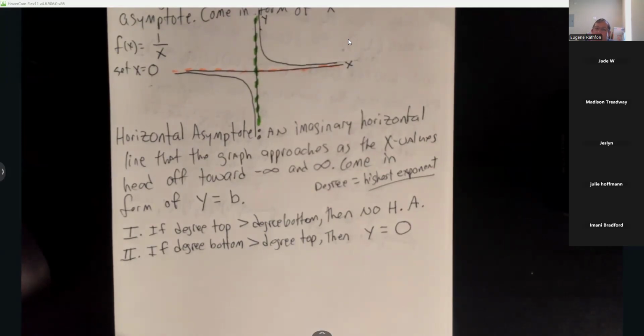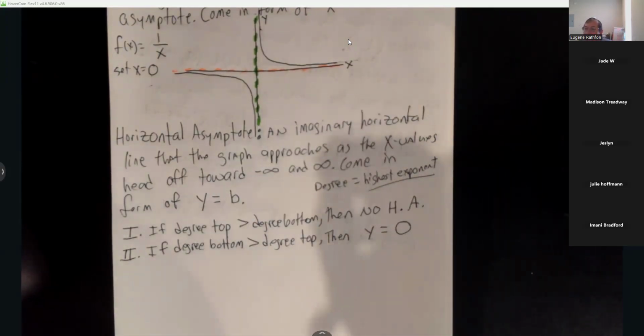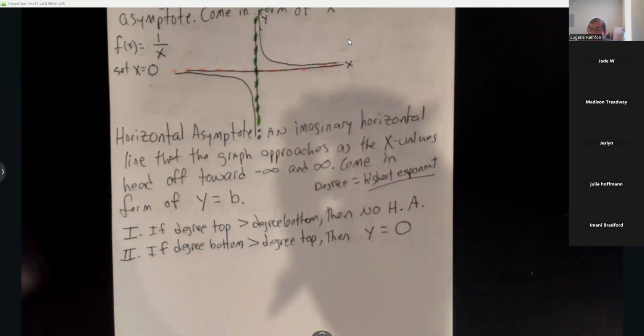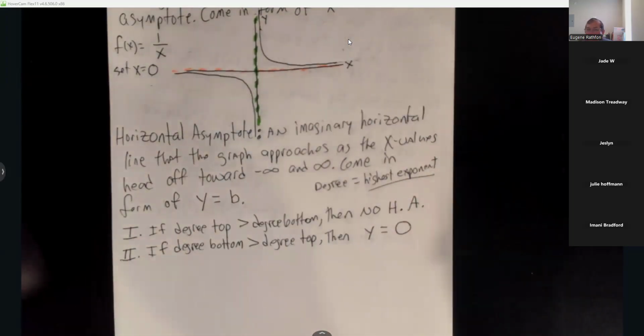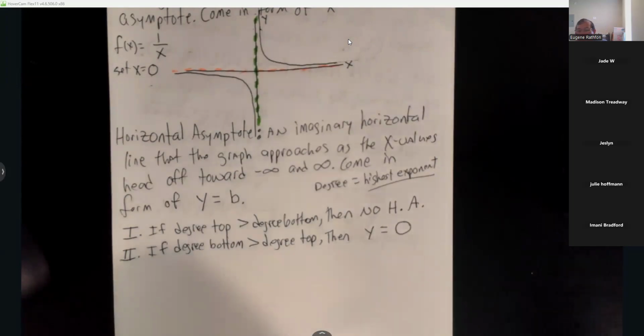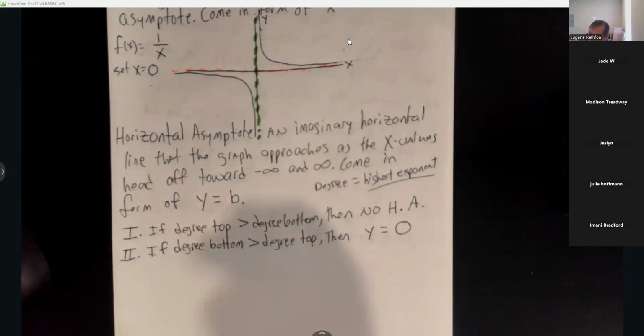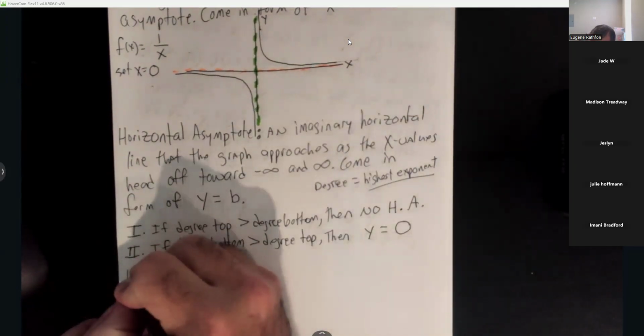So the bottom is going to grow a lot faster than the top because it's got bigger exponents. So that means the overall fraction as you go towards infinity is going to get closer and closer and closer to 0. You'll get numbers like 0.01, 0.001, 0.0001. They're getting smaller and smaller, but it never gets to the 0, okay?